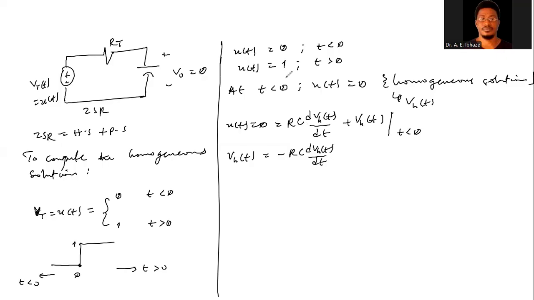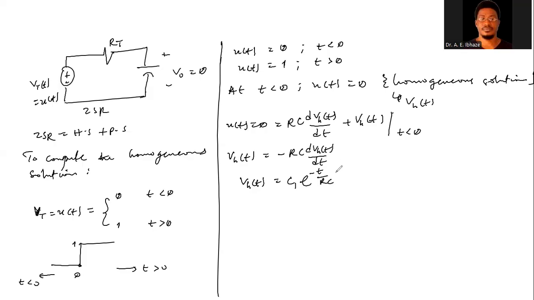And this is similar to what we already solved for the zero input response, so that VH of t will now be the same as C1 e to the minus t over RC. So we don't have to repeat the entire process.